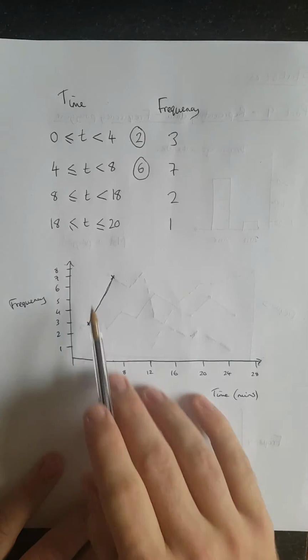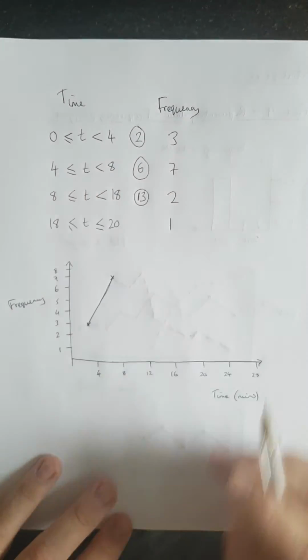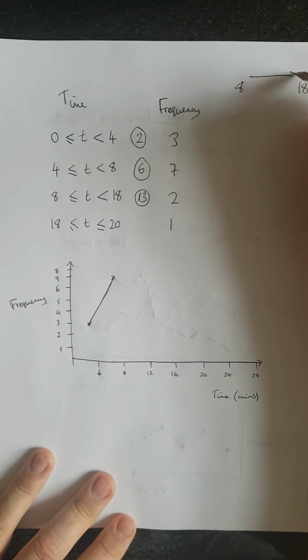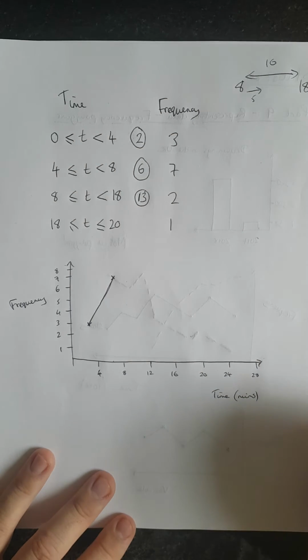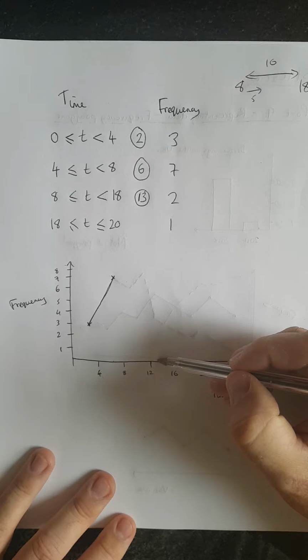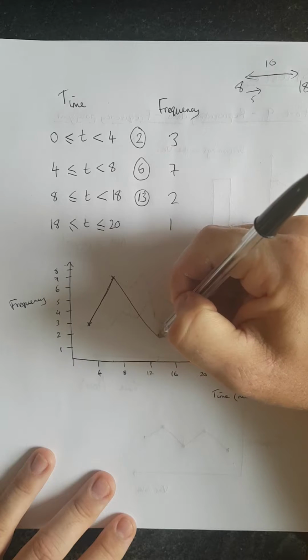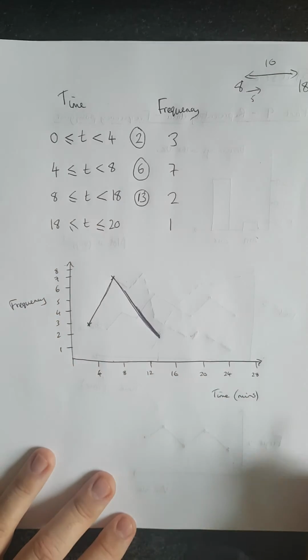Next one is 8 to 18 and the middle is 13. So 8 is here and 18 is here. The gap is 10. So you want to go 5 in to find the middle. So 13, a frequency of 2. There we go.